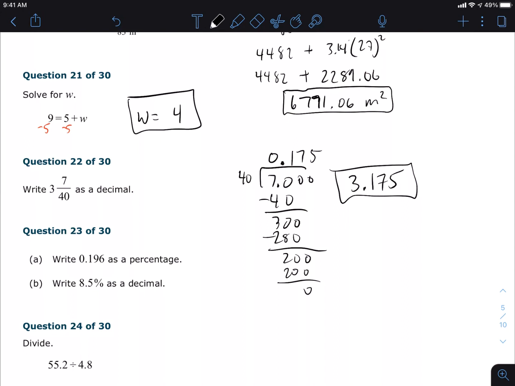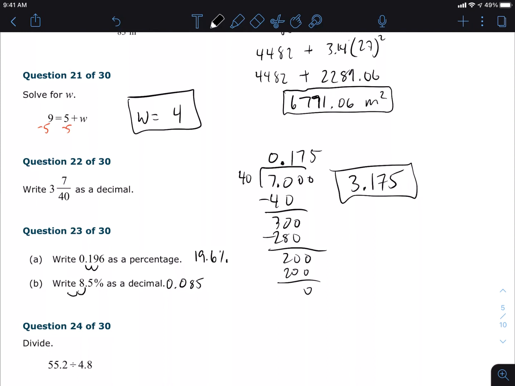No. All right. Now, for A here, what we do is we're going to move the decimal 2 spots over. So it should be 19.6%. And then this one is a decimal. What I'm going to do is I'm going to move the decimal 2 spots to the left. So I should get 0.085. Does that make sense?